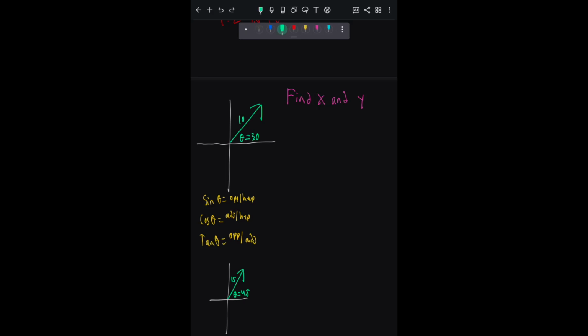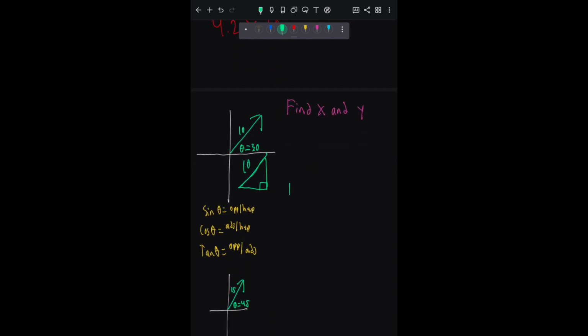I'm going to redraw this triangle. This is the 10. We know this is a right angle. Now, the little square on the bottom right of the triangle means it's a right angle. That's really important because that's how we determine every side of it.